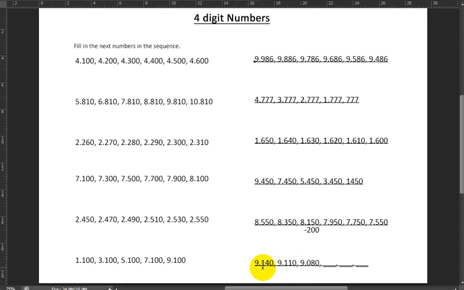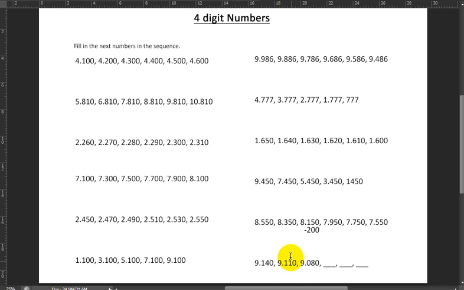Next up, we have 9,140, 9,110, and see here it goes 9,080. Why? Because I wanted to take 3 away, because now the tens are going down by 3. But I don't have enough tens. I only have 1.